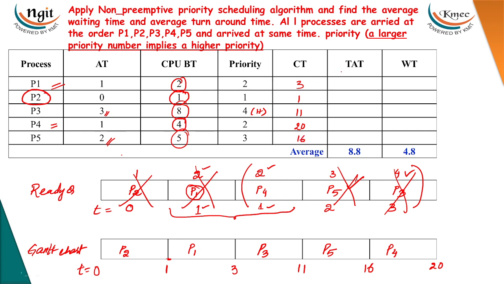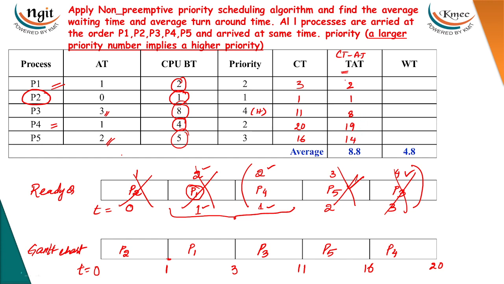Now calculate the turnaround time, CT minus AT, completion time minus arrival time. You will get 3 minus 1 is 2, then 1 minus 0 is 1, and 8 and 19, and 16 minus 2 is 14.